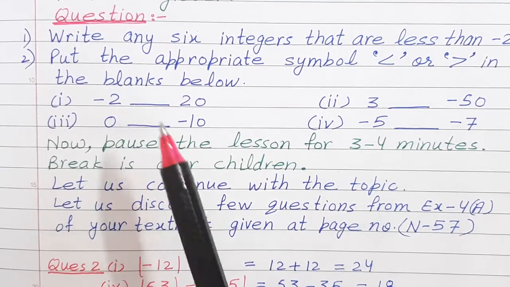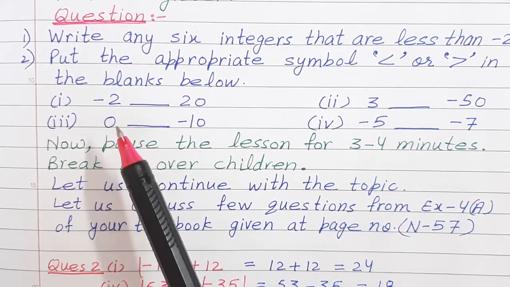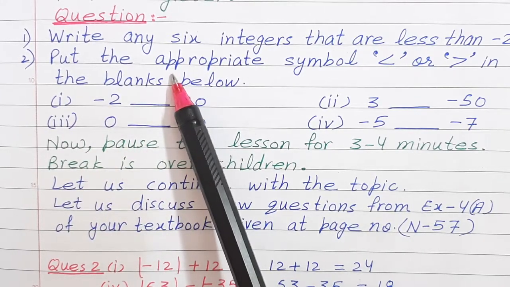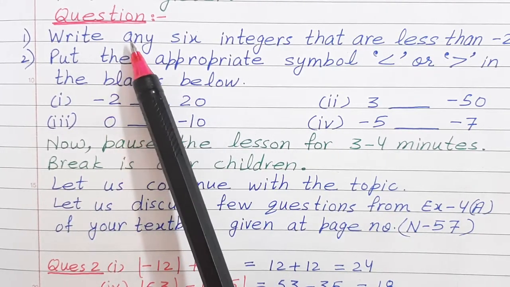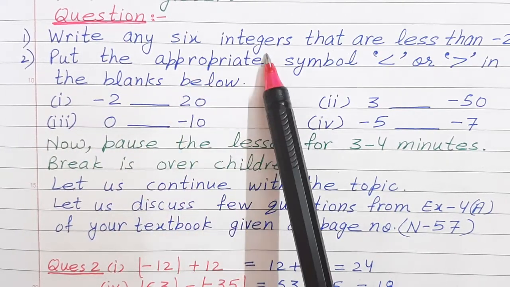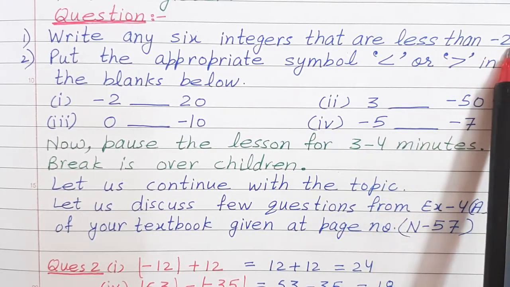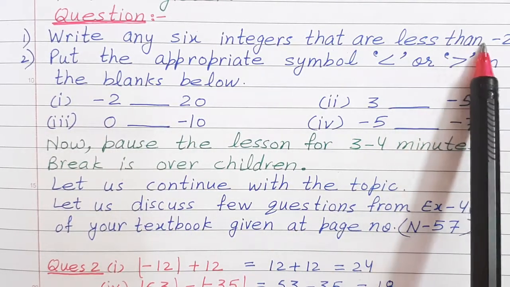Now children, before going further in the topic, let us take a short break, and during the break, solve the given question in your maths register. So the question is, number 1, write any 6 integers that are less than minus 2. Right?